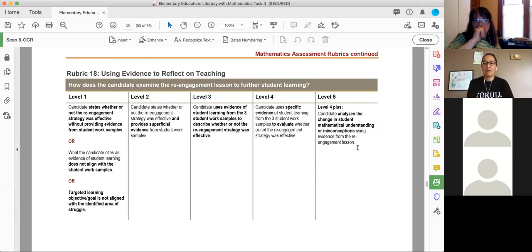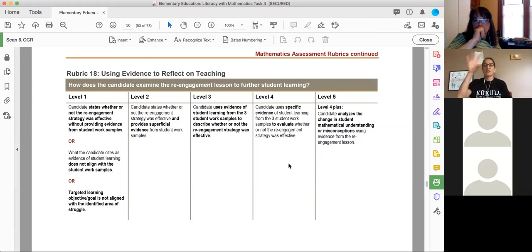Again, if you made a mistake, you still want to talk about what happened there, because that's being a reflective practitioner, and that's what this test is about, what kind of teacher you are going to be. This task is really checking to see if you're a reflective practitioner.